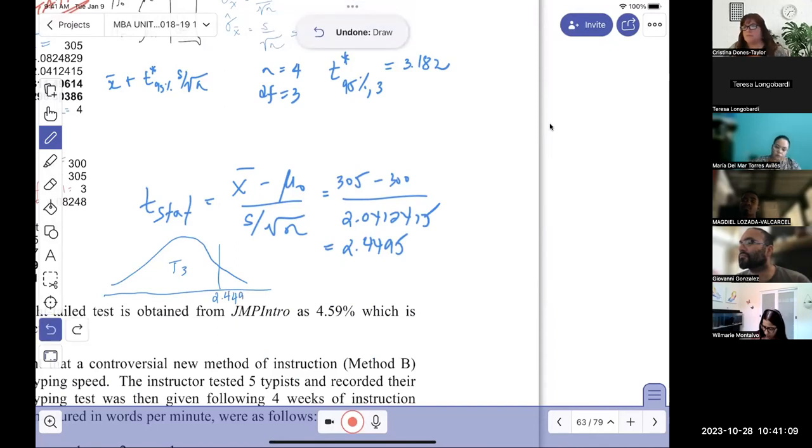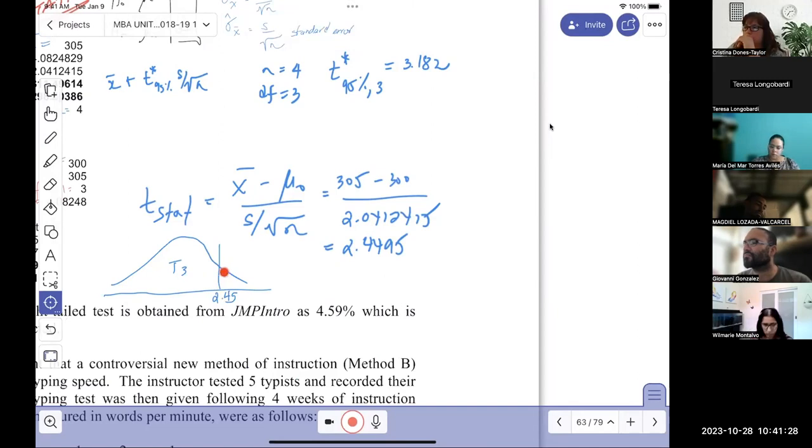How many decimals are there? Anyway, whatever, I'll put 2.45. So where is 2.45?